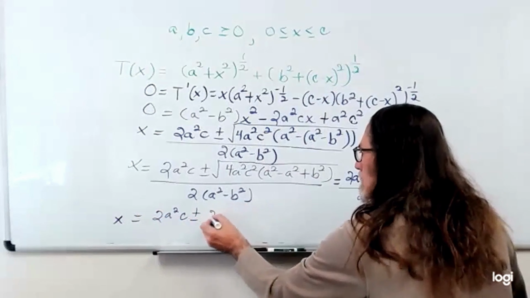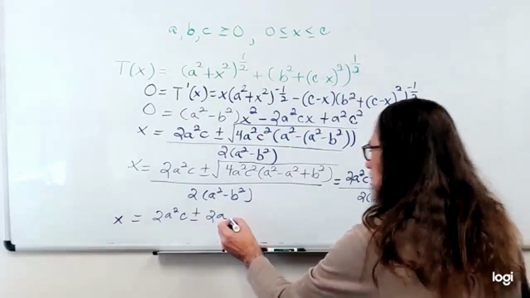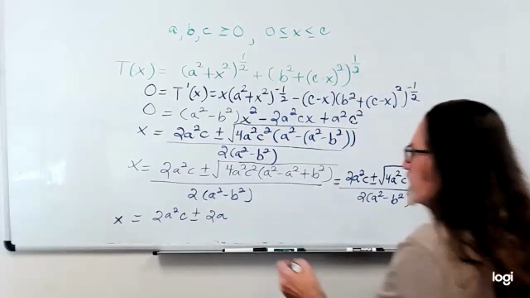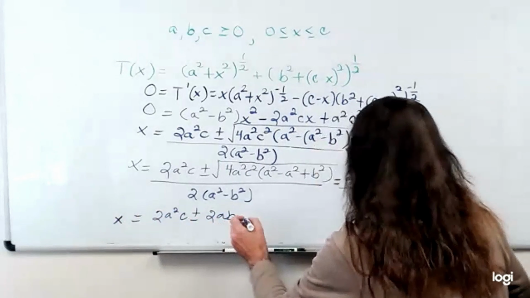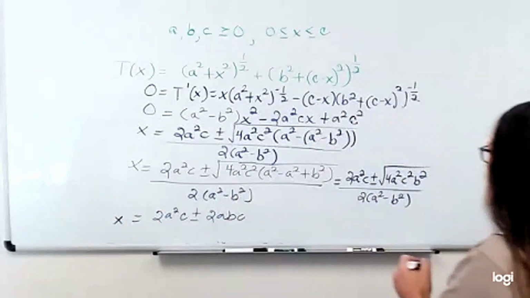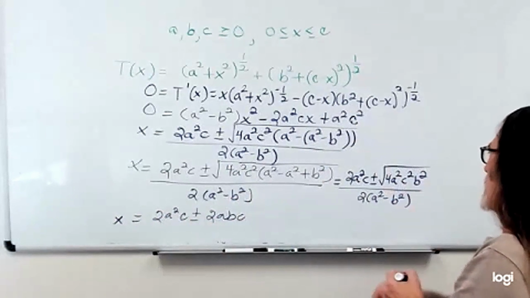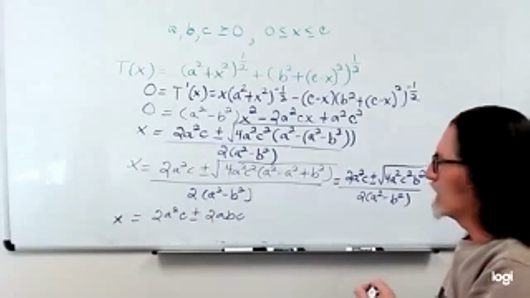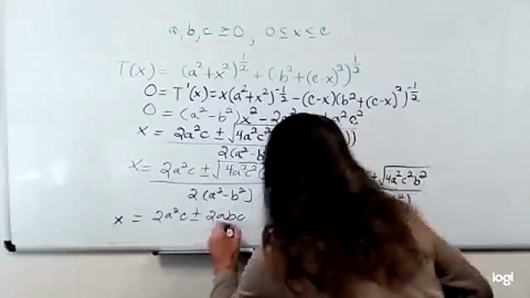I'm going to put the square root of the b squared first. So the square root of 4a squared, c squared, b squared would be 2acb, but I've written that as 2abc.